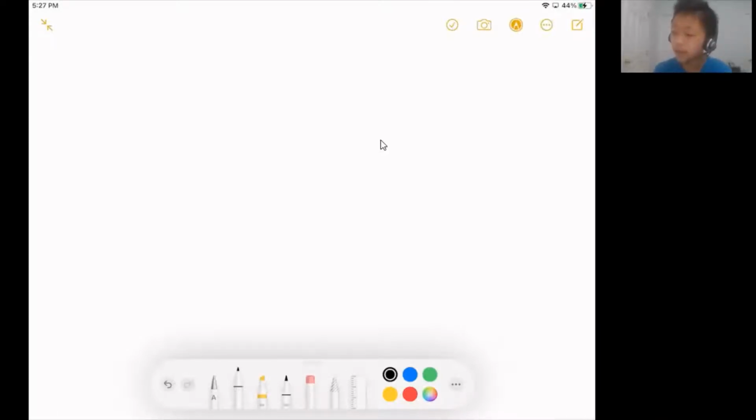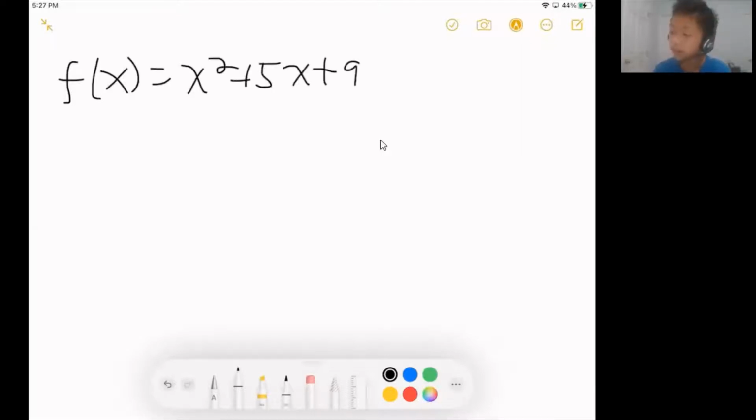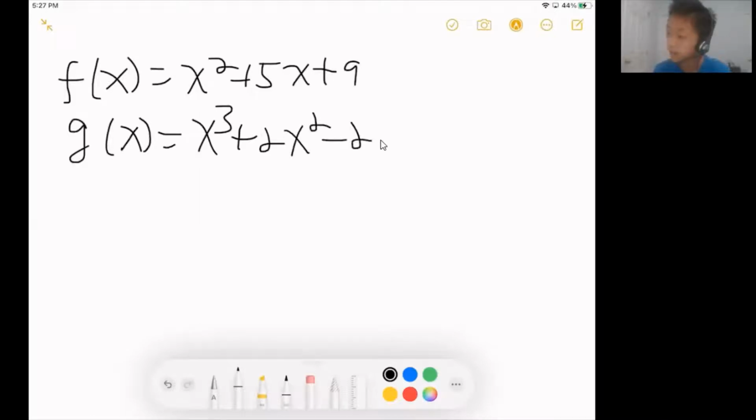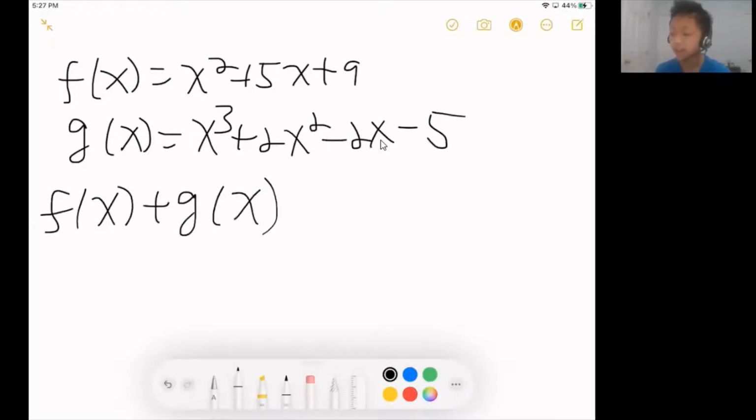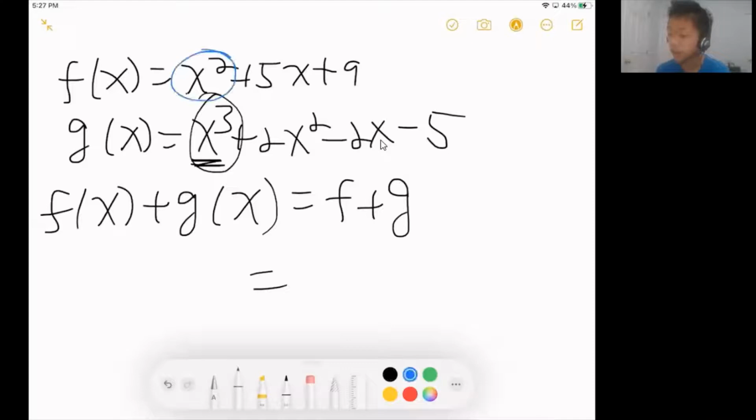If you have the function f of x equals x squared plus 5x plus 9, and the function g of x equals x cubed plus 2x squared minus 2x minus 5, and you want to add these functions, f of x plus g of x, sometimes written as f plus g for shorthand, then you combine all the x cubed terms, all the x squared terms, all the x terms, and all the constant terms.